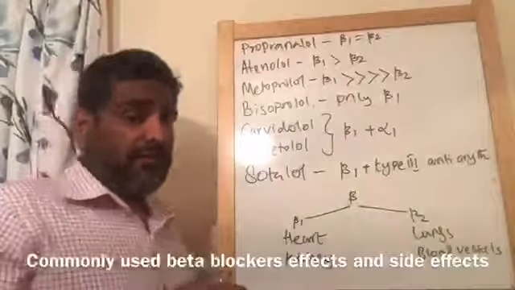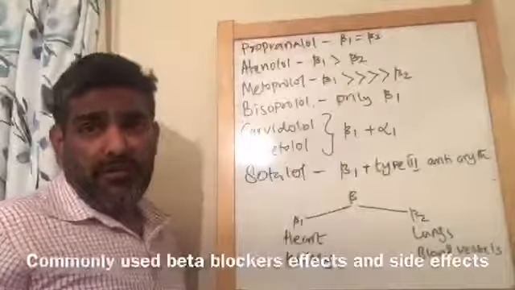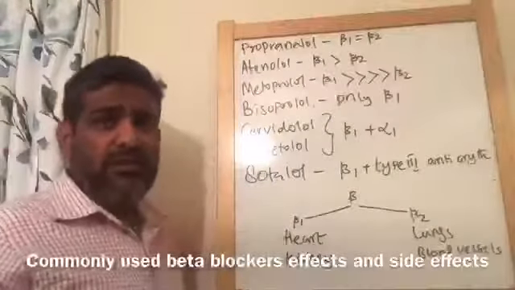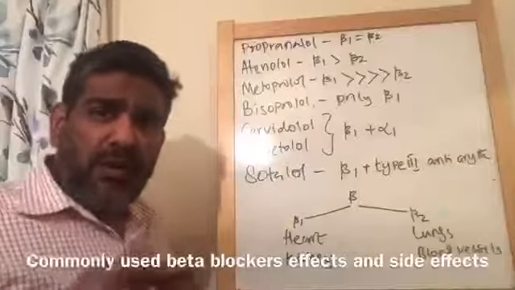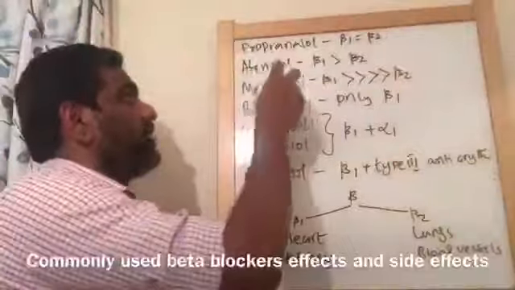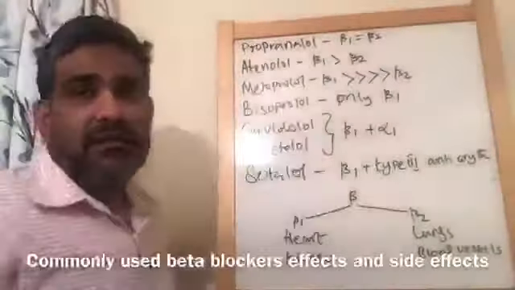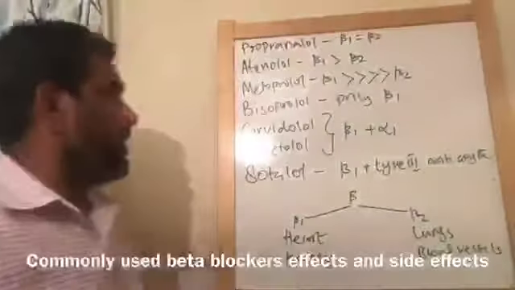In addition, it can produce nightmares. So if a patient complains of nightmares or depression or similar symptoms, avoid giving metoprolol. Instead, you can change metoprolol to atenolol, because atenolol doesn't cross the blood-brain barrier.